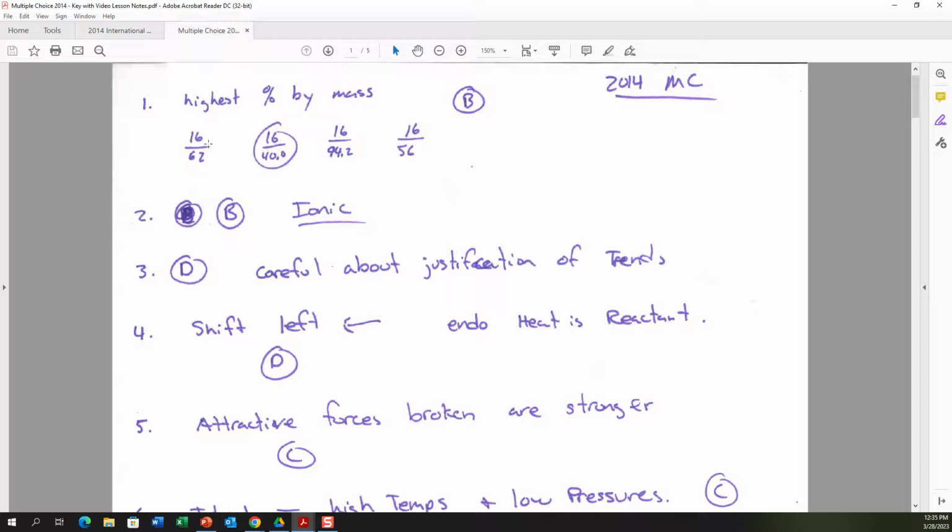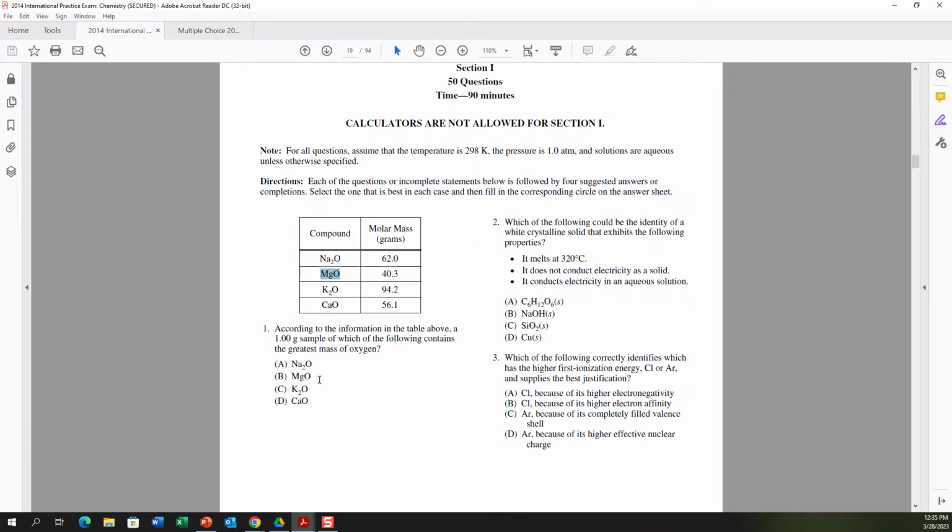So 16 to 62, that was the molar mass of the N2O, 16 to 40, 16 to 94, and 16 to 56. Which one of these has the greatest ratio of oxygen by mass? It's this one, so B for that one.